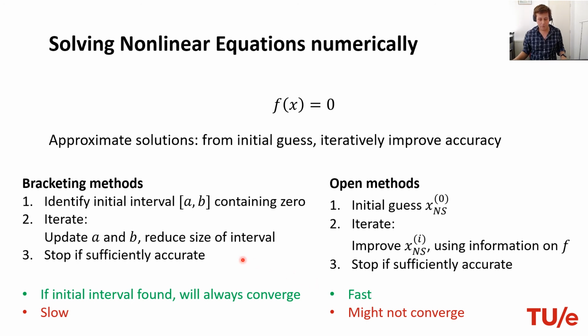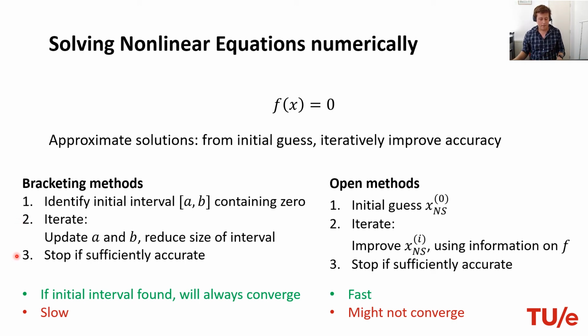Also note that for both cases, we start from an initial guess, and then we start an iteration procedure. How this iteration procedure works, so how we reduce the interval or how we use information on f for improving the guesses, is what distinguishes the different methods from each other.